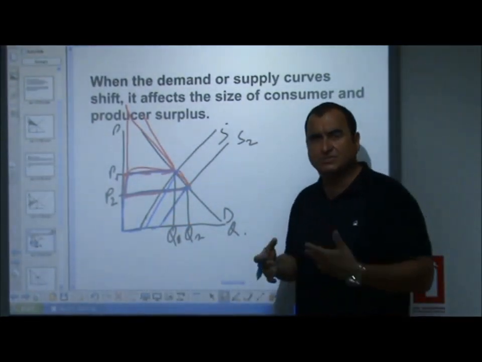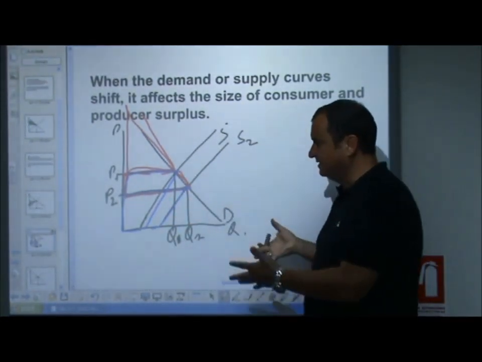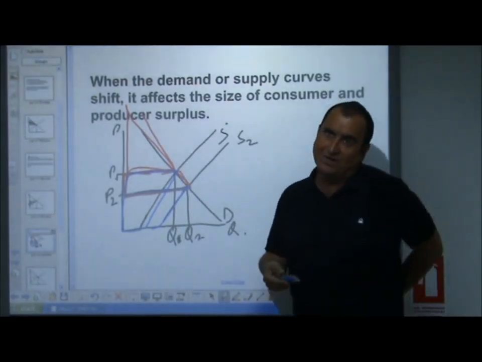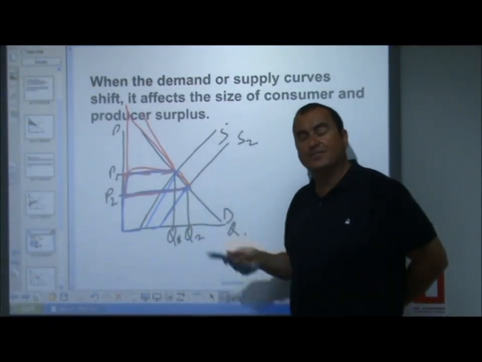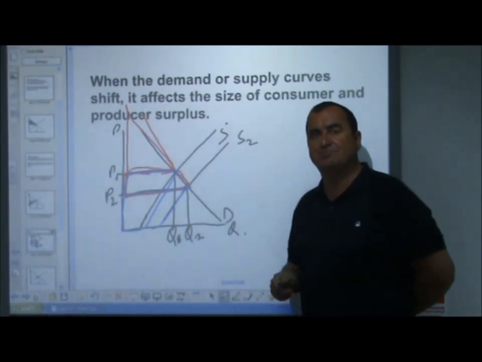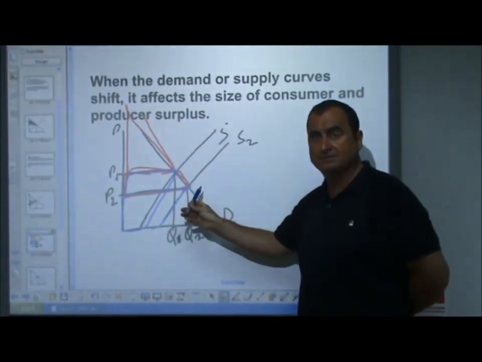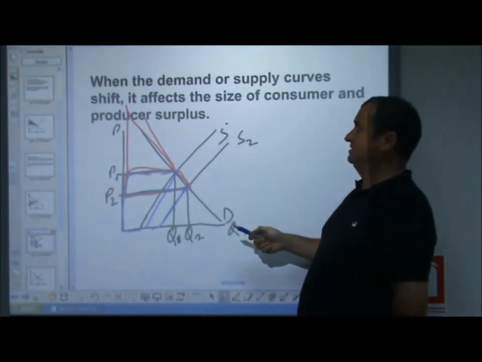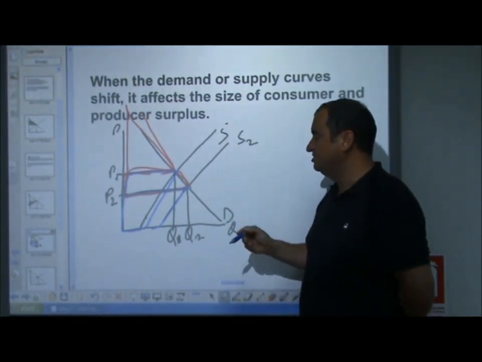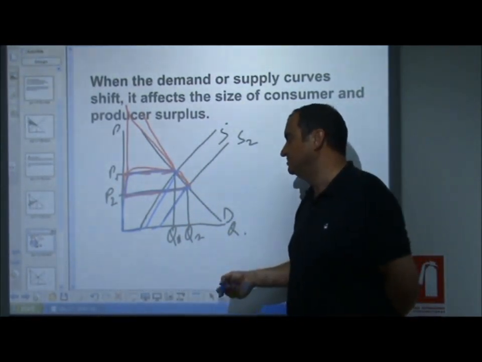So producer surplus changed more significantly because two of the lines that border the area of producer surplus changed. The price level changed and the supply curve changed. So that's making it a more significant change in the area of producer surplus.